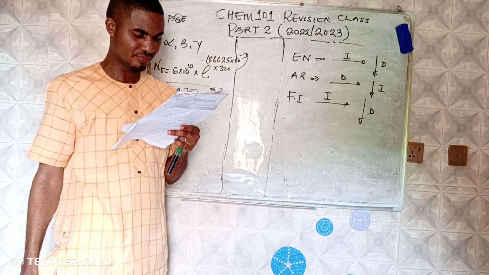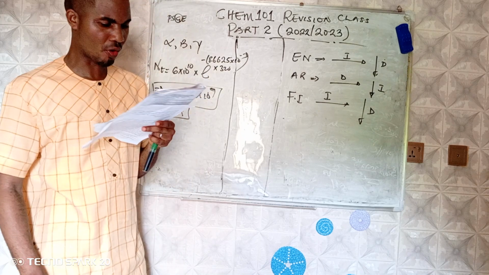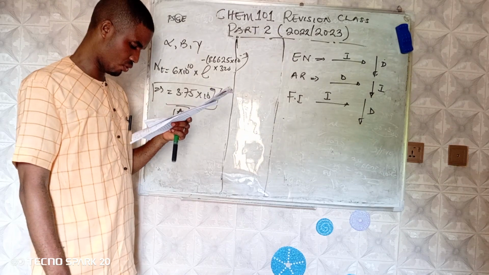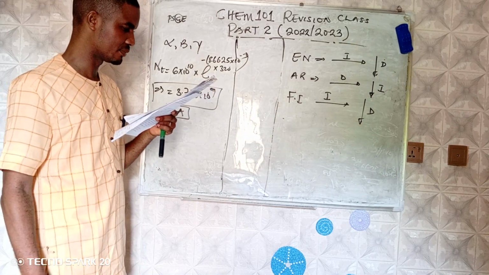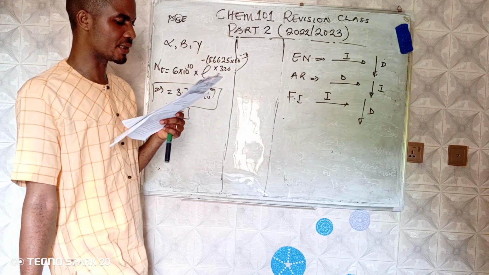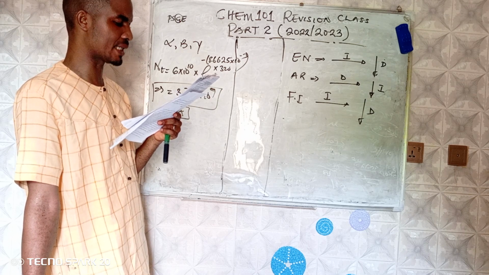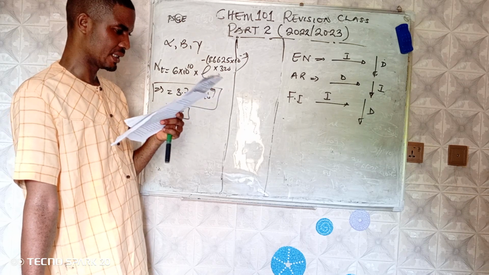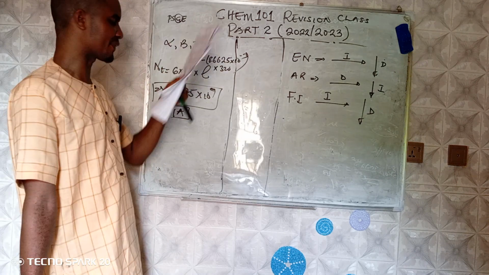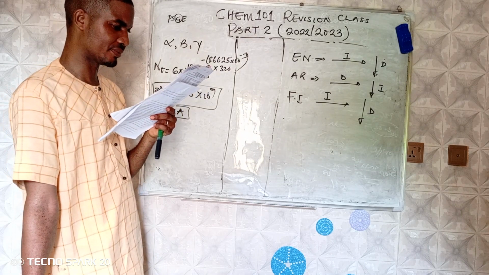Equal energy, no. Differ in number of outermost shell, no. Same number of valence electrons, yes. Elements in the same group will have the same number of electrons in the outermost shell, yes. That is question number 37.